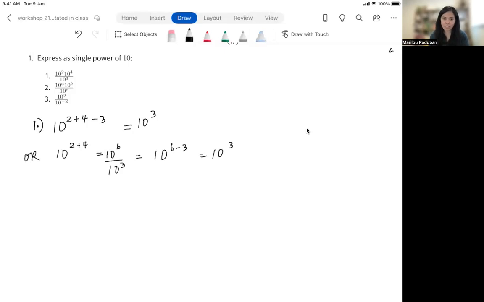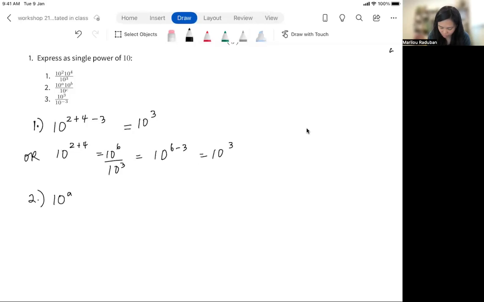You can do it step by step in the beginning, and then as you get used to it, you can just go ahead and add and subtract using a single base 10. For question number 2, it's very similar to question number 1.